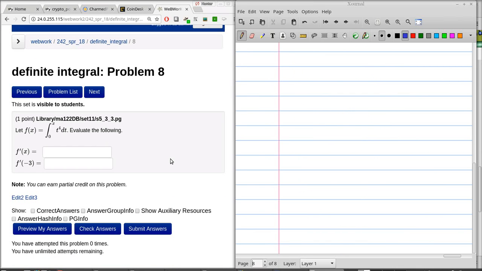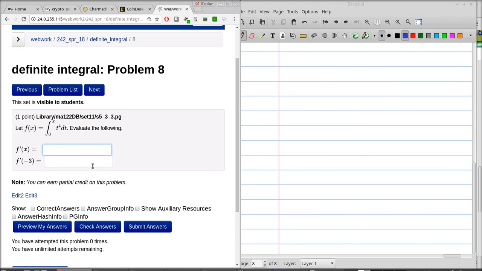Okay. So these are the questions that are so easy you don't know why anybody's asking you the question. So by the fundamental theorem of calculus part 1, this one is just x to the 4th power. You have to read and understand the fundamental theorem of calculus part 1 to know why that's true, so I suggest you look at it if you're confused. And this will be 243.